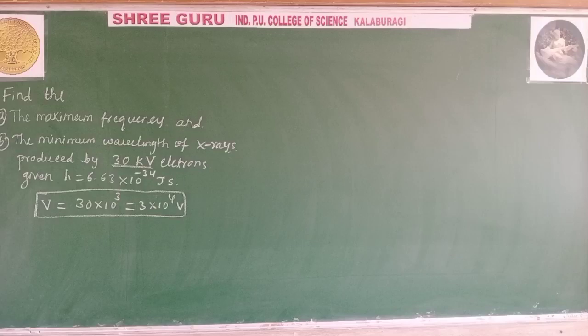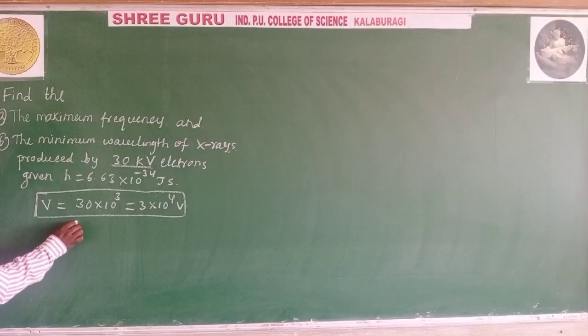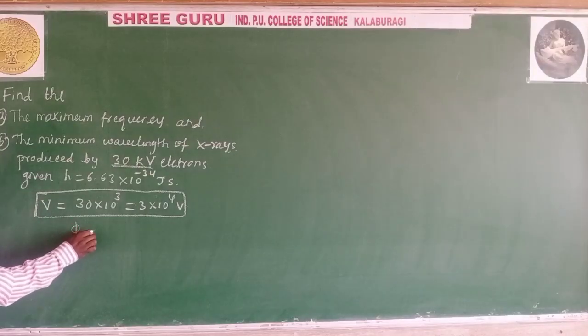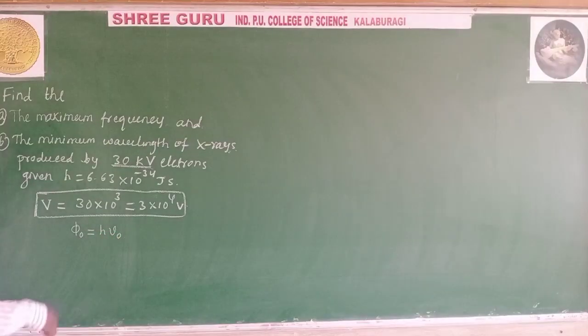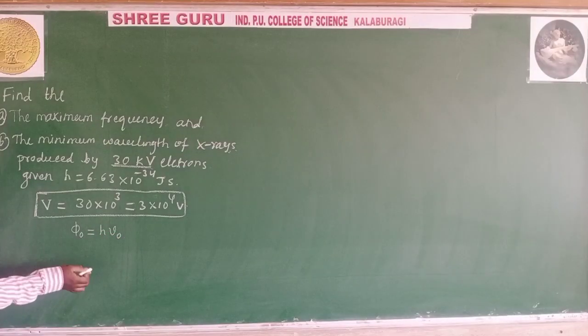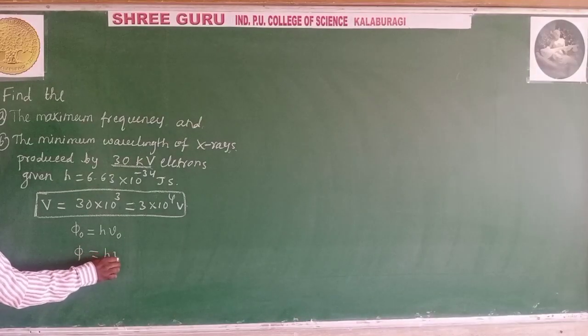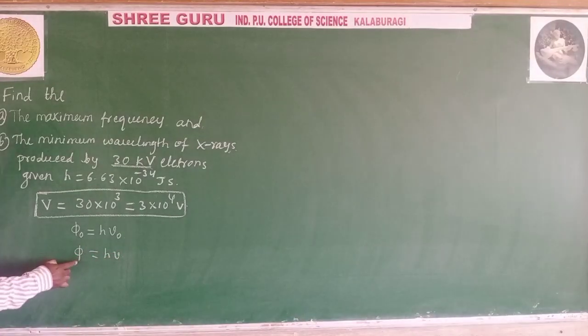We know that for a particular frequency, if we are considering the threshold frequency, phi naught is equal to h nu naught. For a general frequency, phi is equal to h nu. This phi is nothing but the work function.